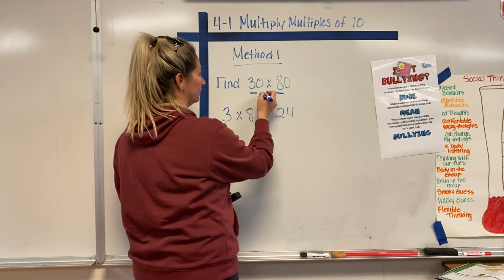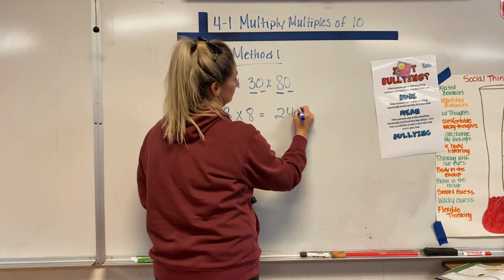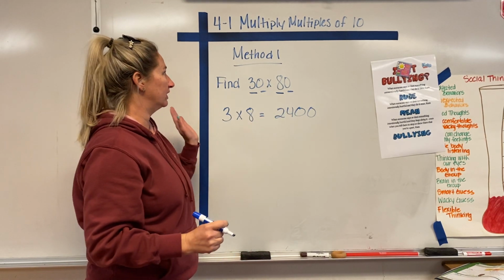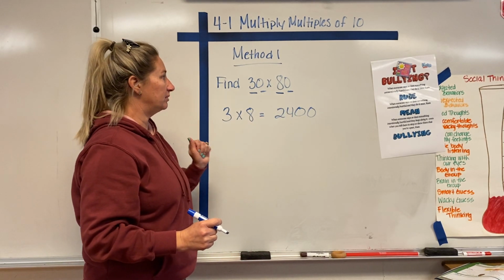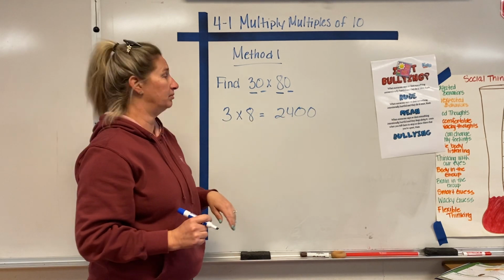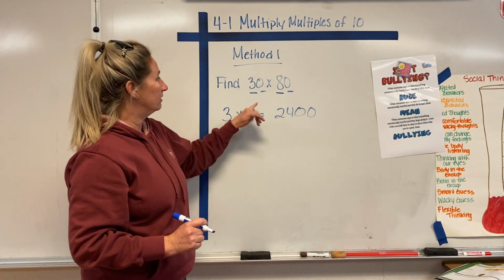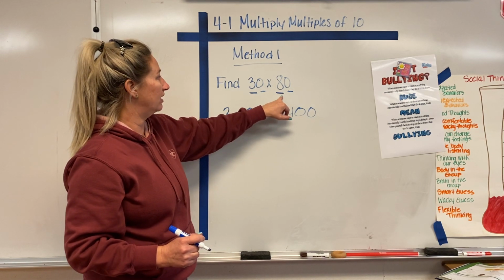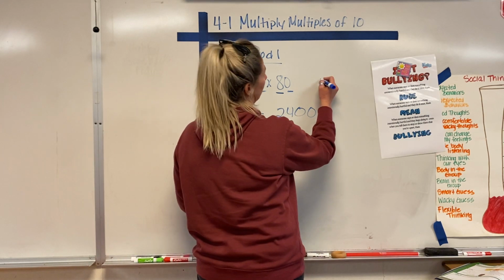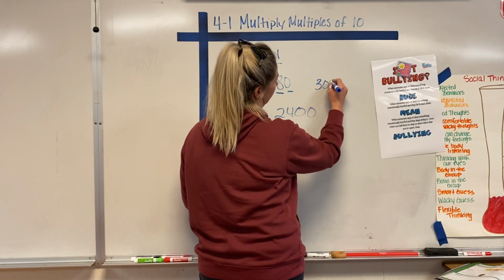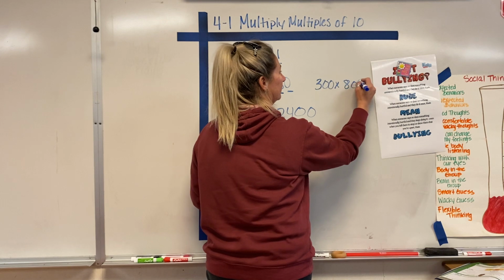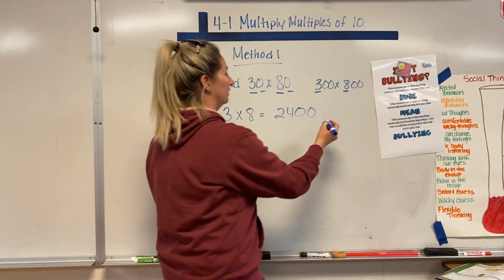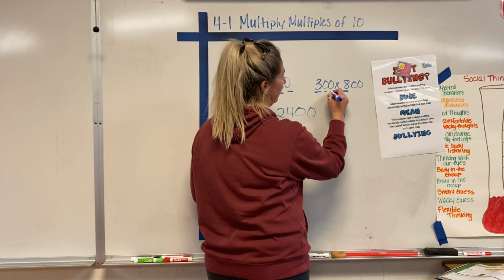And then you add on the zeros. Okay, I'm pretty sure we did this before in chapter 3. Maybe just with 10, but that's how you do it. So you multiply the tens place, or if you had 300 times 800, you would just multiply those first two numbers together, and then you'd add up all the zeros.